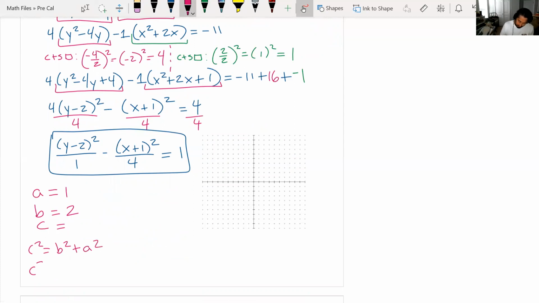And C squared will be 4 plus 1, which means you'll get C squared equals 5. And once again, C equals plus or minus root 5, which means that we get square root of 5, which is again 2.24.